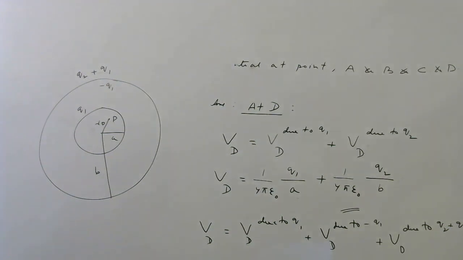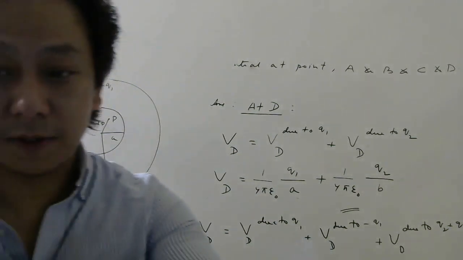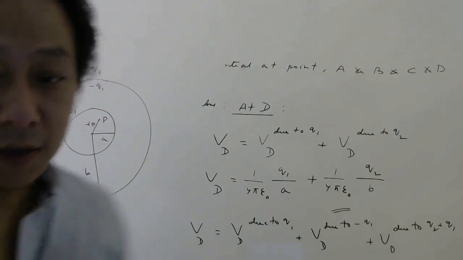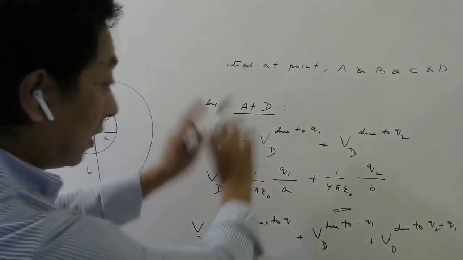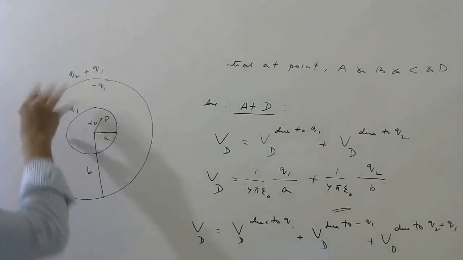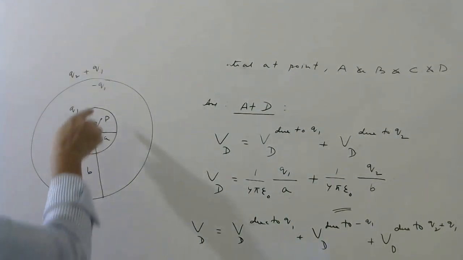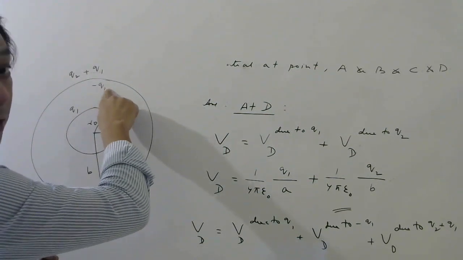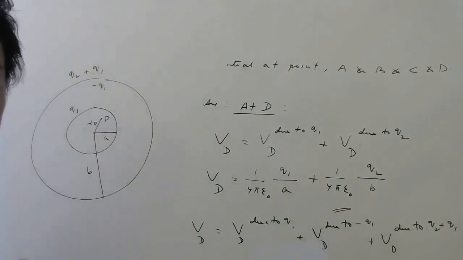Okay, but look carefully. This part is slightly outside. Same thing, I have done the distribution of charge first. If you have Q1 here, the inner surface will have minus Q1, and the outer surface will have plus Q1.